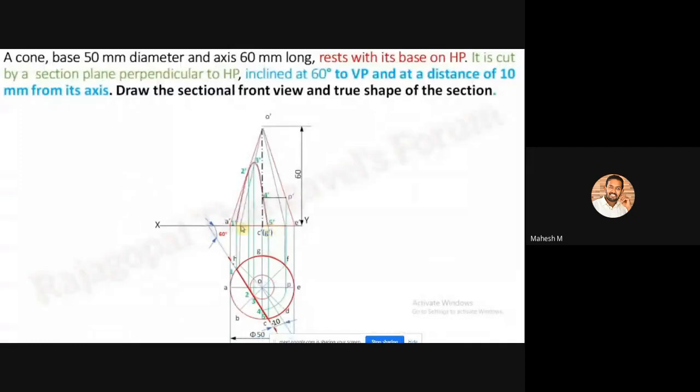Okay. So you have to create only the arc because we are discussing cone and cylinder, and a cone has a circular base and a cylinder has a circular base. So if a circle is placed, then you have to create only an arc for a cutting section.